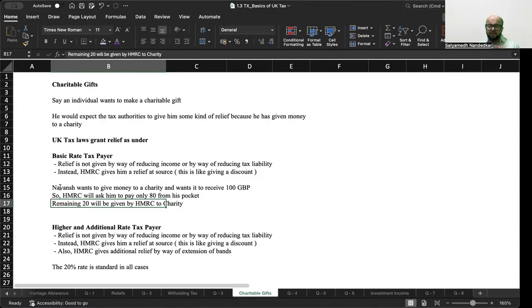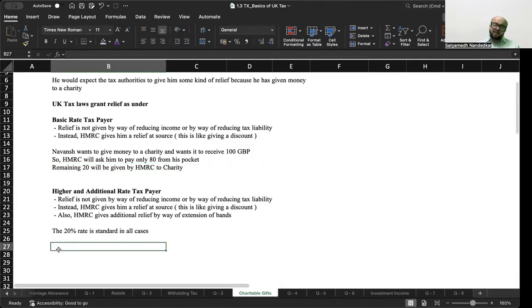The remaining 20 we will contribute from our pocket and that will go to the charity. So this is how a charitable gift gets a basic rate tax relief. The tax relief is given at source, where if the donor wants the charity to receive 100, he is only required to transfer 80 out of his pocket, and the remaining 20 is contributed by HMRC.